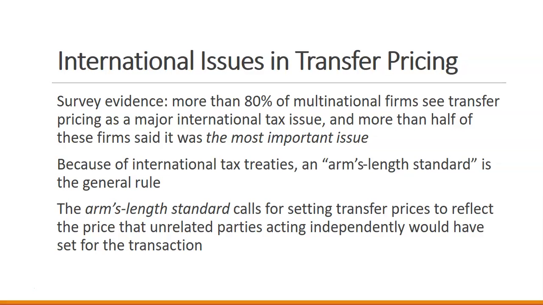And then we have to think about international issues in transfer pricing also. So more than 80% of multinational firms see transfer pricing as a major international tax issue. And this is because international tax treaties have an arm's length standard as rules. So they require that transfer prices reflect the price that unrelated parties acting independently would have set for the transaction.